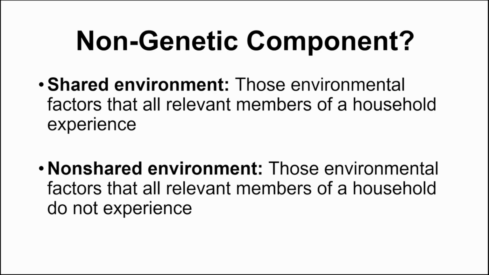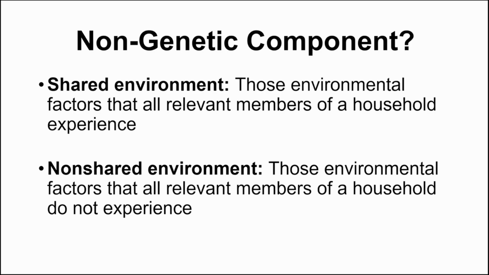And when we start calculating things like our heritability coefficients, this is typically considered basically an error term. So when we run the calculations in the background, we say this much is explained by genetics, about this much is explained by shared environment, and here's what's left over.